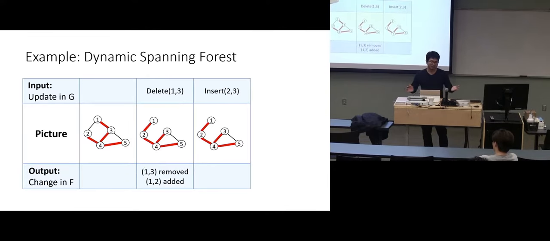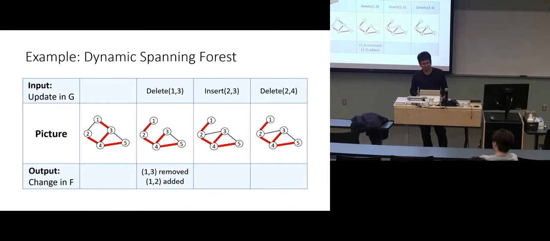Then after one update, the next update comes to you. Here it says insert 2 to 3. But this tree is still spanning, so nothing needs to be done. You don't need to output anything. And the next update comes. You delete accordingly, edit your tree, and output what is changed. So that's the problem.